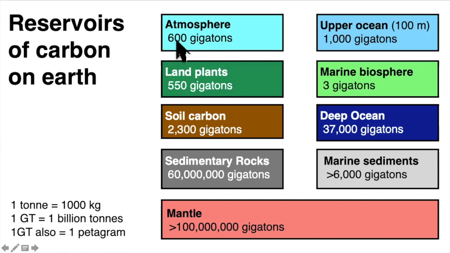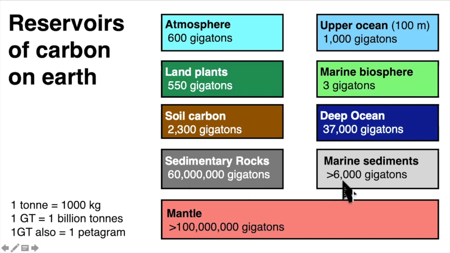So the atmosphere today has around 600 gigatons of carbon dioxide in it, but this is actually one of the smaller reservoirs of carbon on Earth. Contrast this, for example, with the amount of carbon in the mantle, which is over 100 million gigatons. Sedimentary rocks have around 60 million gigatons, whereas the deep ocean is the next largest reservoir at 37,000 gigatons.